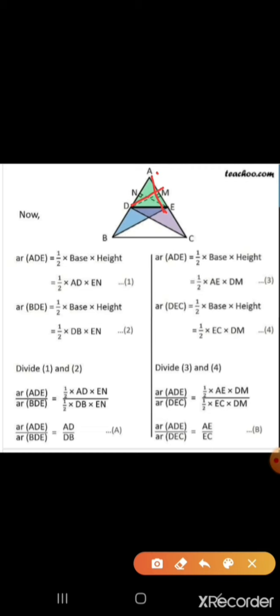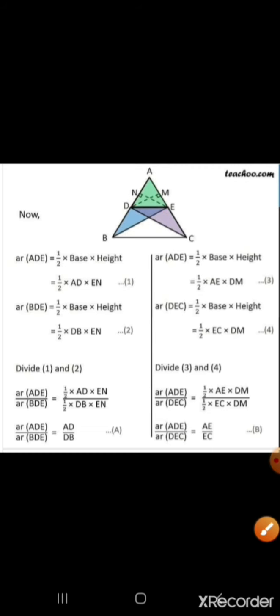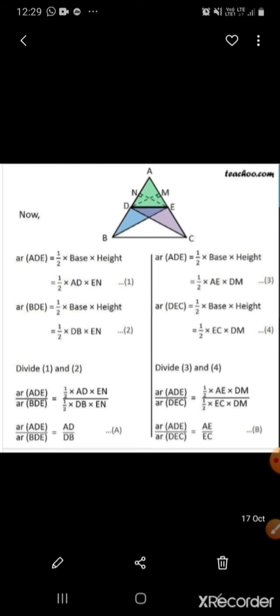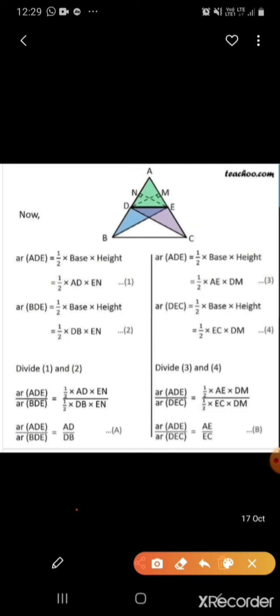So by the formula, area is half into AE into DM.